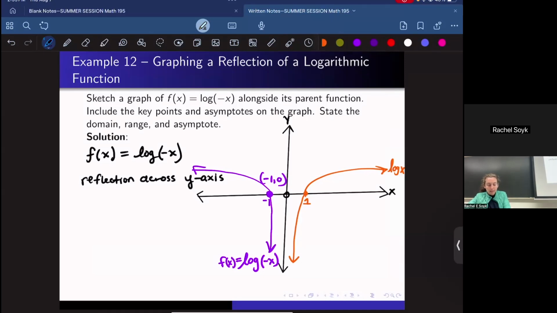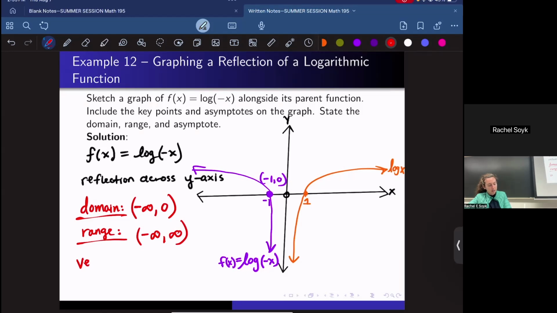And then last but not least, let's state our domain. Our domain, and I know Alexandra mentioned this in an earlier example, is now going to be from -∞ to 0. And then our range is unchanged, yeah.